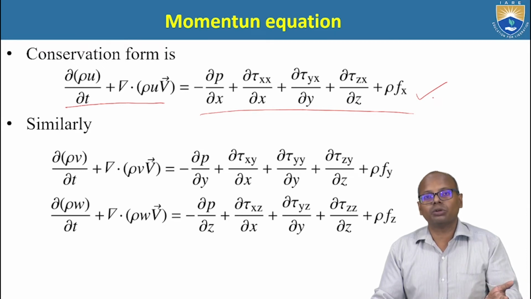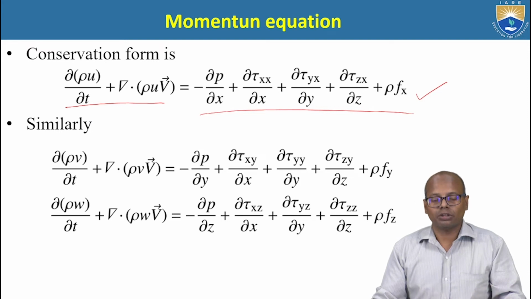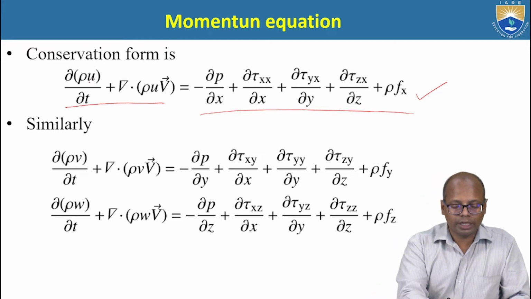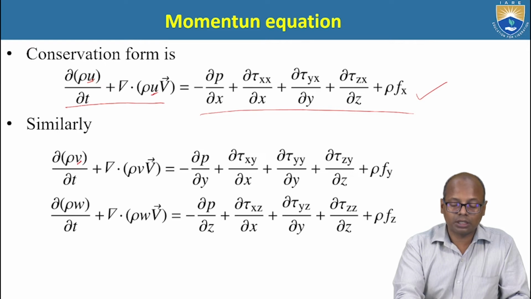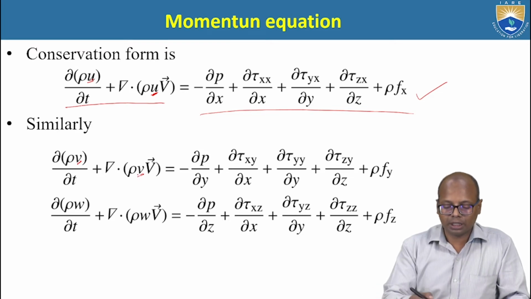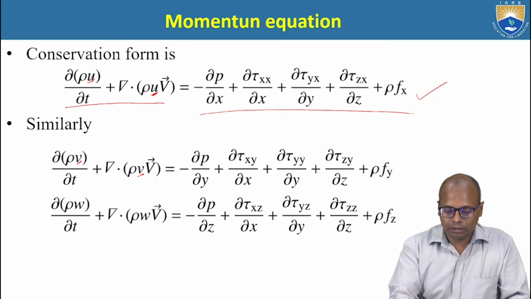Similarly, I can write this in y direction and z direction. What is changing here? For the y direction, the velocity is v. In place of u, I will get v, and in place of u V̄ I will get v V̄. On the other side, the pressure differentiation is with x here, and for the y direction it is pressure differentiation with y.